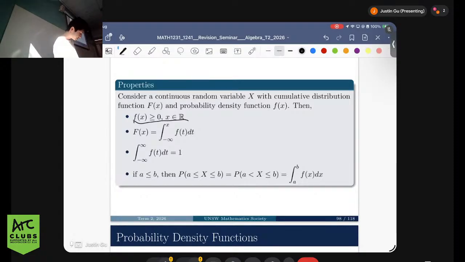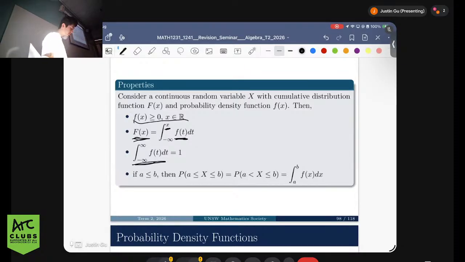The cumulative distribution function should just be the integral from negative infinity to x of the probability density function. This is true because the density is basically the derivative of the cumulative function, so by the fundamental theorem of calculus, that's true. The sum of all probabilities should be equal to 1.